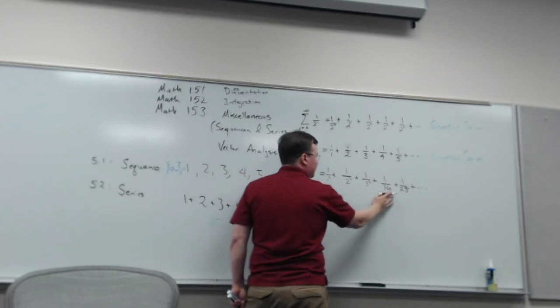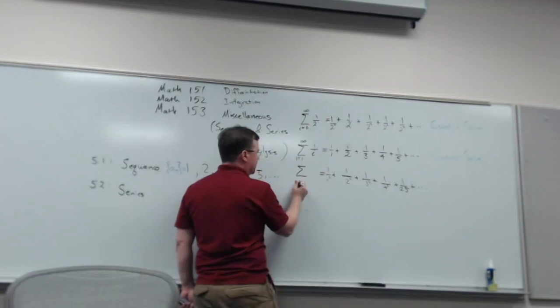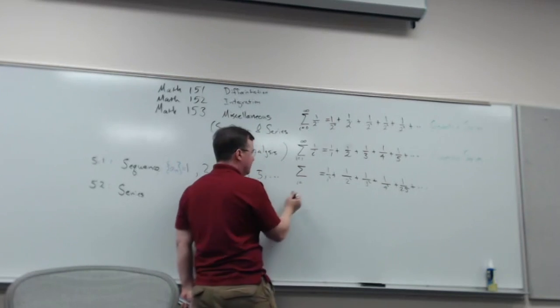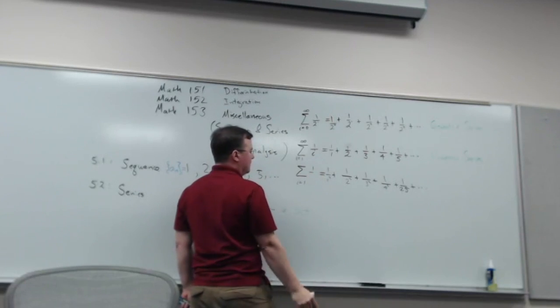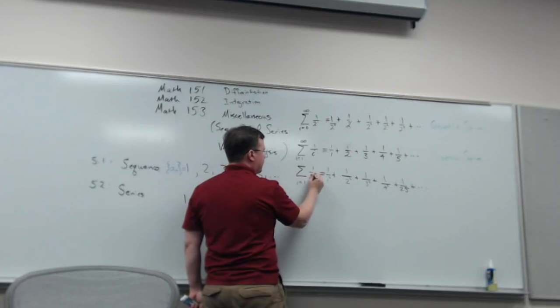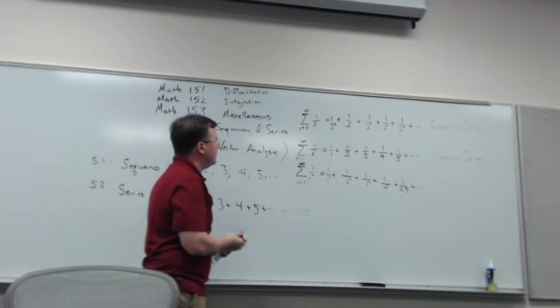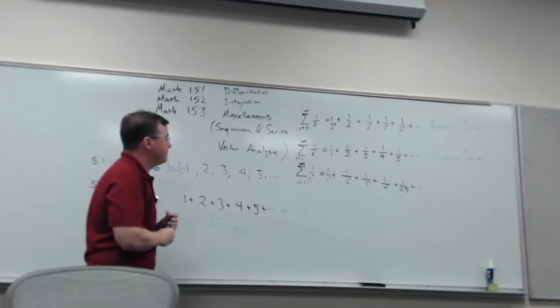So I'm starting at 1, but the pattern here is 1 over i squared. We just keep going forever. So these are the 3 cases that we're interested in.